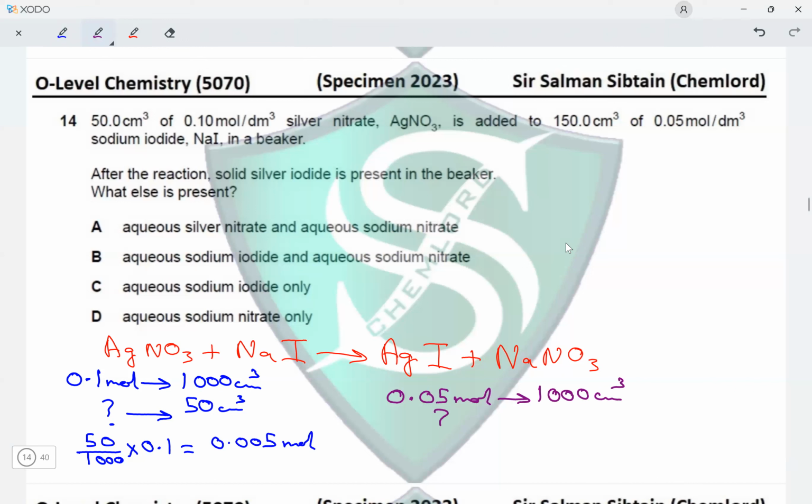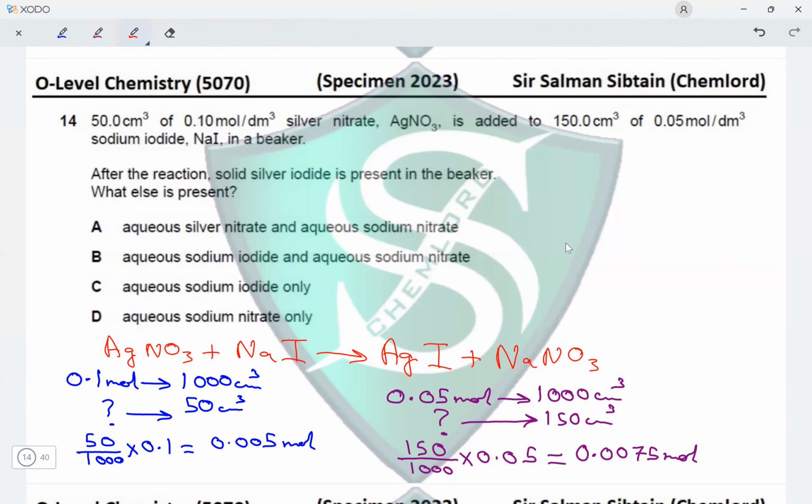And how many moles would be present in 150 cm cube? For this, we would do 150 divided by 1000 multiplied by 0.05. This will give us a value of 0.0075 moles. So now we have obtained moles of both the reactants.